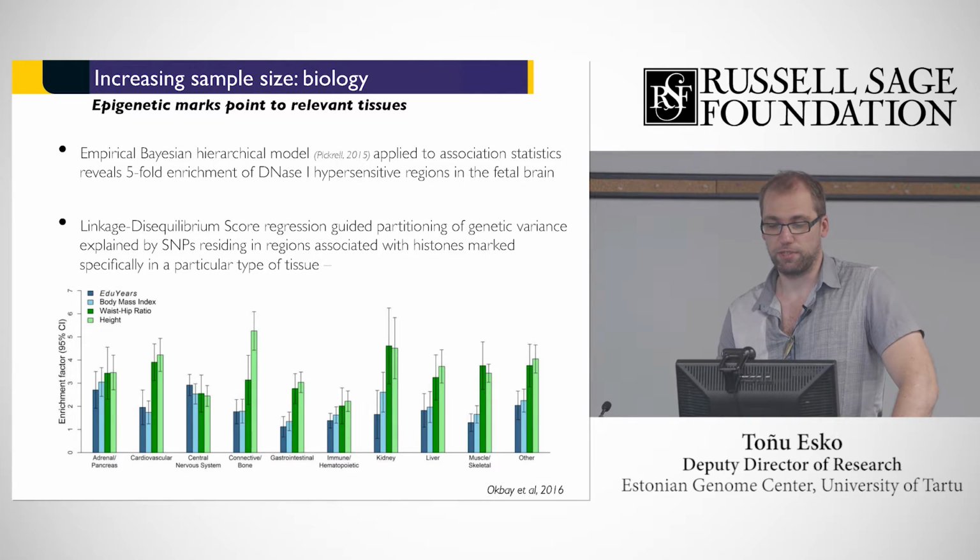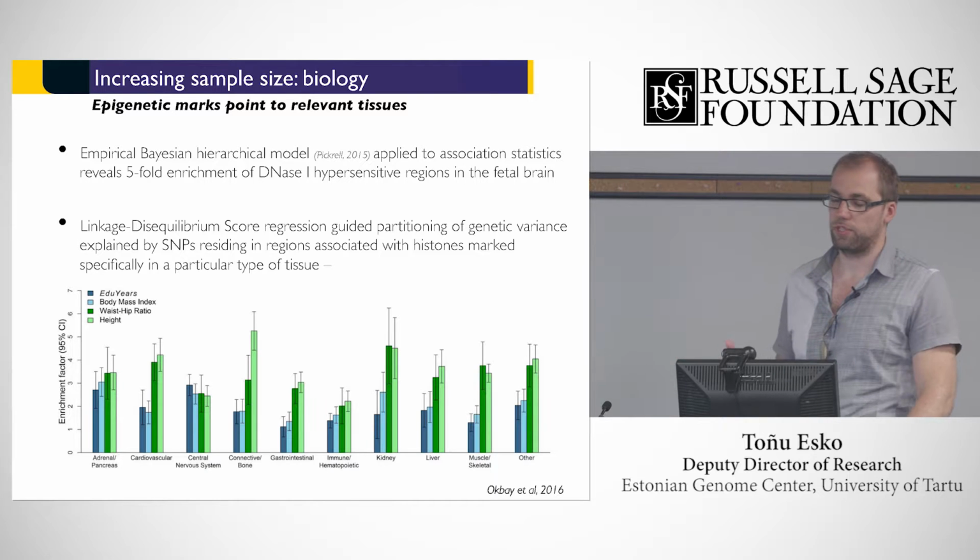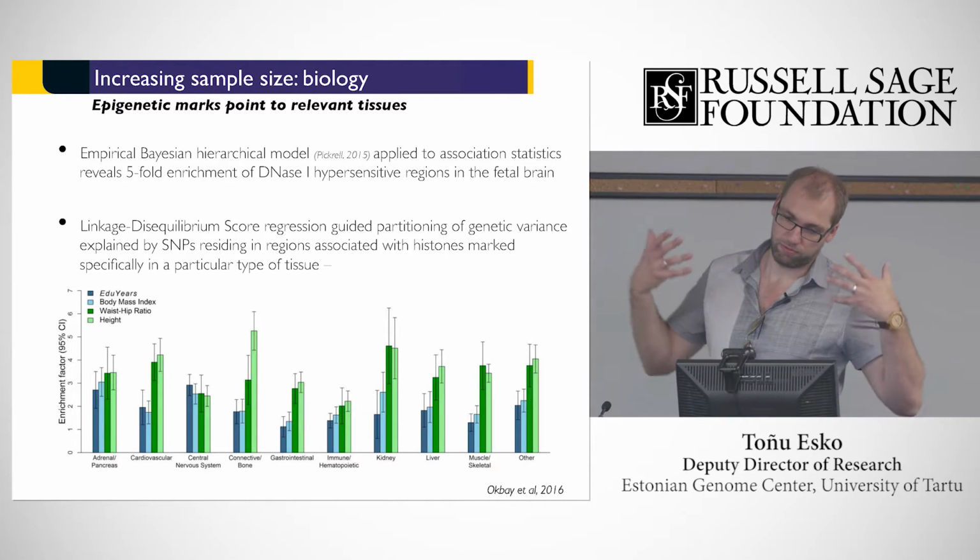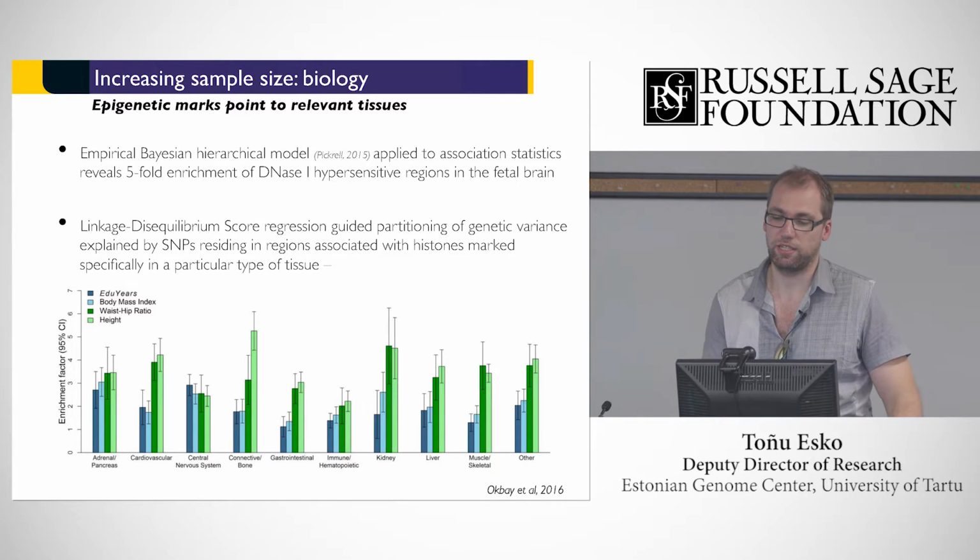And here you can see that for height, if you use the height SNPs, most of the genetic variance gets explained in regions where there are epigenetic marks in connective tissue or bone that sign that the DNA is active, and the lowest for height is the immune system or central nervous system. So there is a significant change.